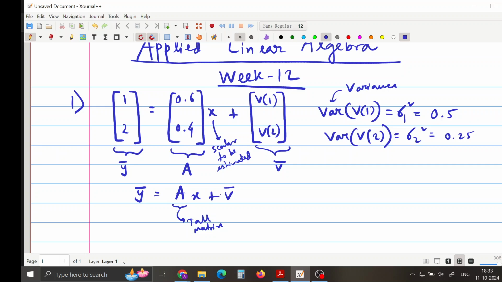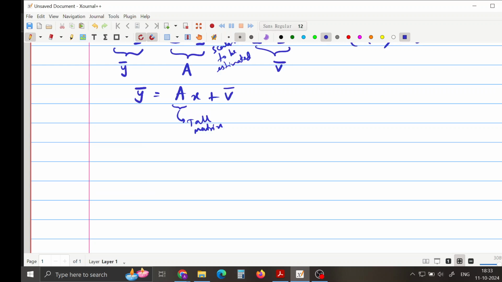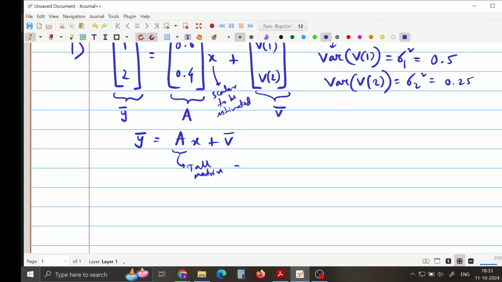But in our question we are asked to find the weighted least squares. The only difference is that in weighted least squares we have a weighting matrix in the expression of the estimate, which is not present in least squares. Essentially the weighting matrix is identity in the case of least squares. So this tall matrix motivates us to go for the least squares solution for estimating x.